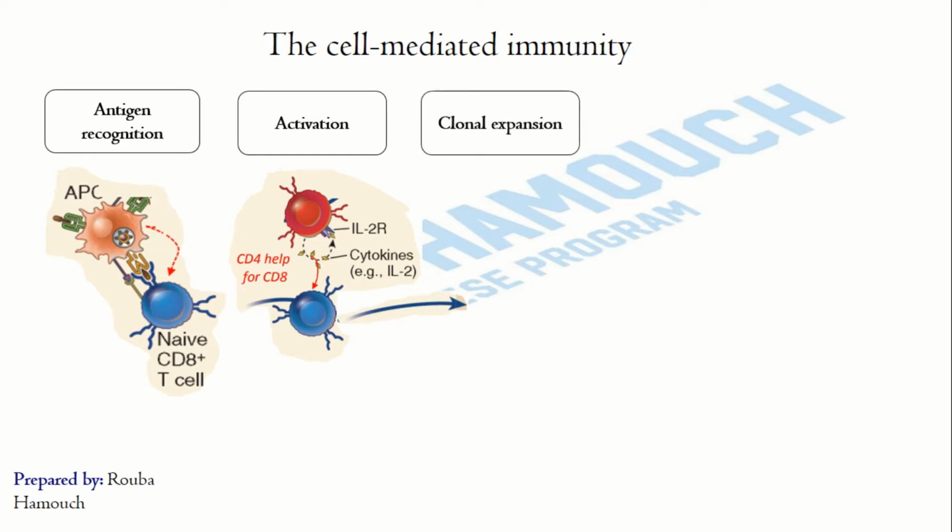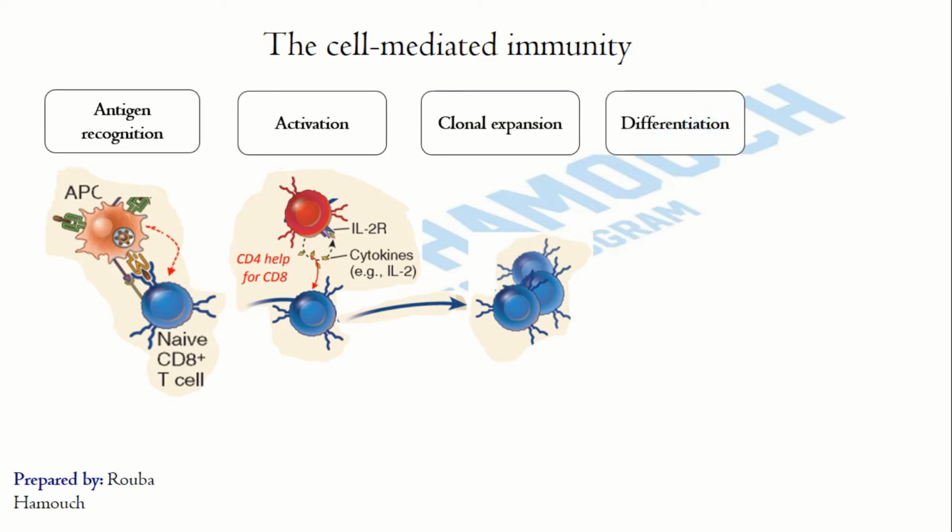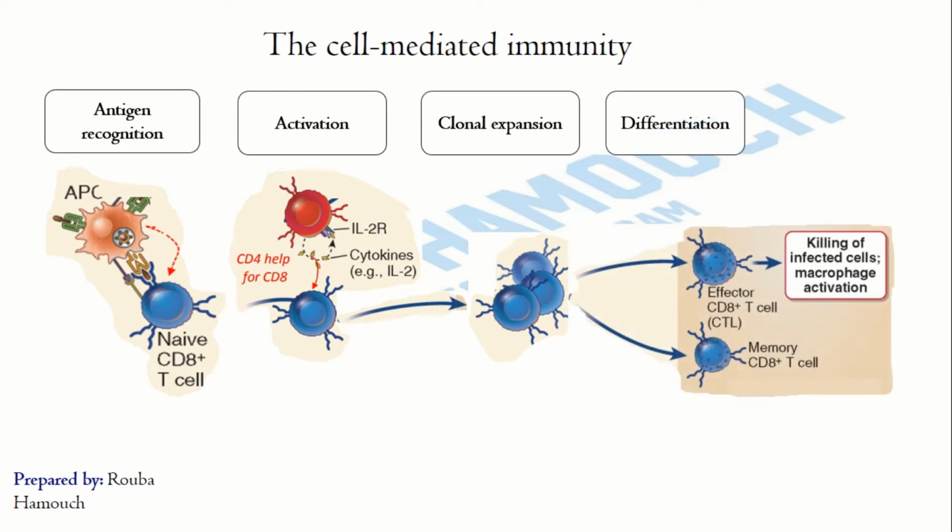It multiplies to give a clone of identical cytotoxic T lymphocytes that differentiate into effector cells and memory cells. Memory cells are preserved for many years, and effector cells kill the infected cells, the cancer cells, or the graft during the effector phase.